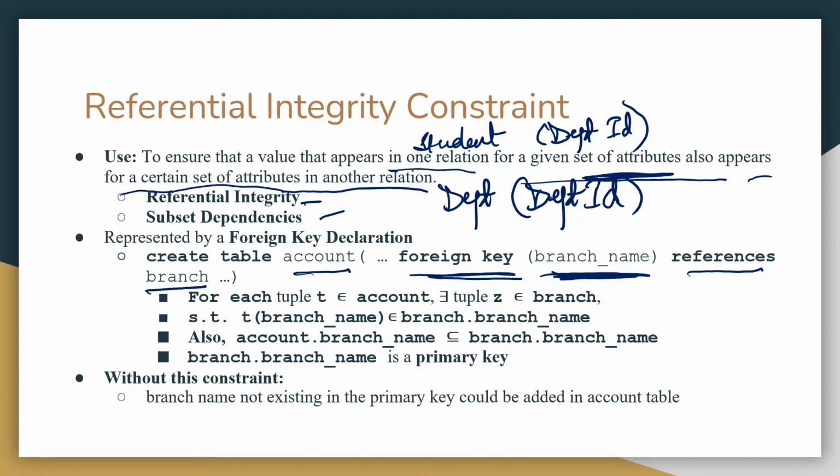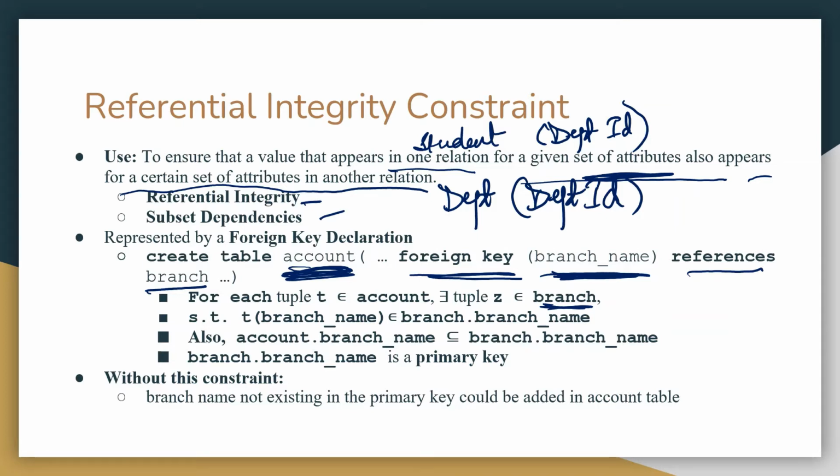So we say that for each tuple t belonging to account, so for all the tuples in this account relation, there exists a tuple z which is present in the branch relation such that t's branch name, the tuple present in account relation, its branch name is a member of, or is already present in, the branch name attribute values of branch.